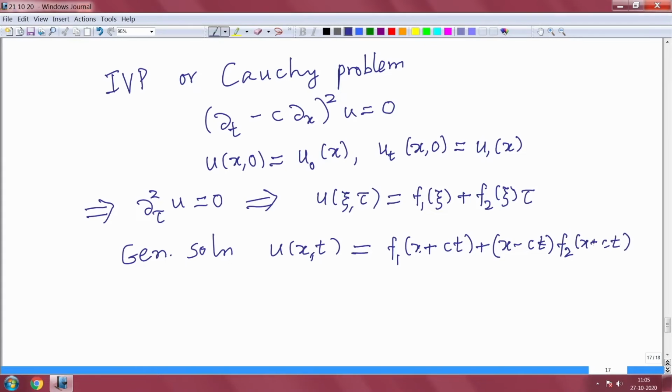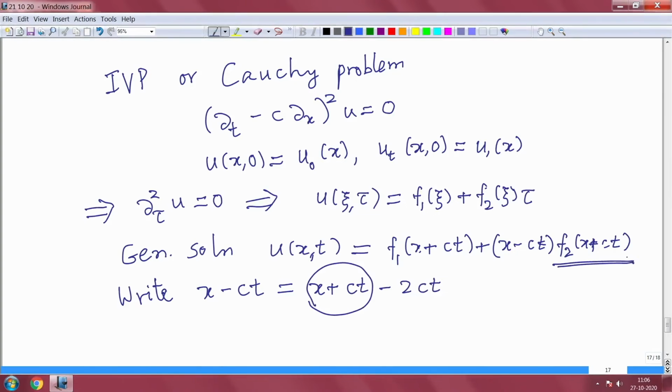So, we can arrange the terms a little bit and write it in a neat form. Okay. So, we write x minus c t as x plus c t minus 2 c t, and you absorb this x plus c t term in this function, and so we have only a multiplication by t.